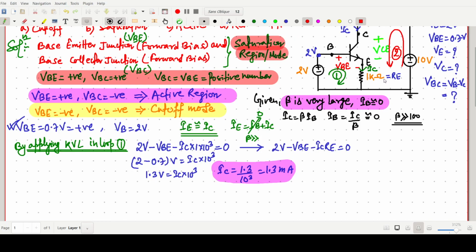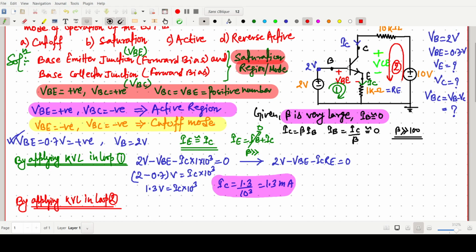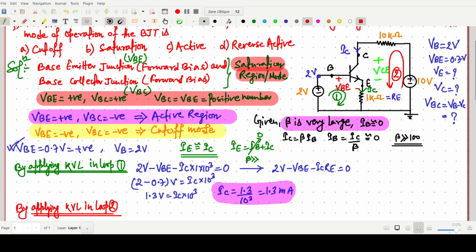So by applying KVL in loop 2, what do we have to write? Again KVL. I am starting from here, from 10 volts.